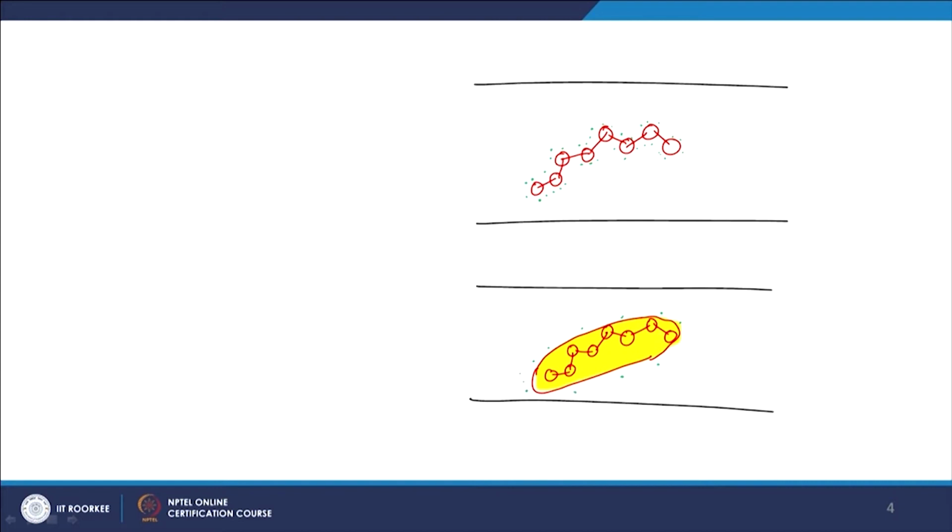Okay. That model is not bad, because it still captures the effect of solvent collisions.